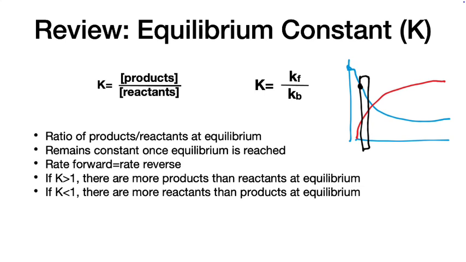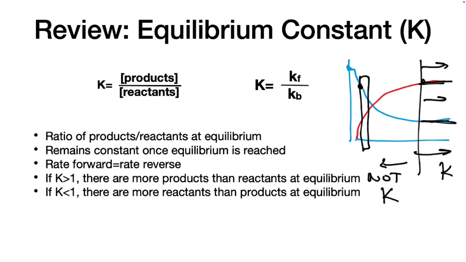It's still in the process of changing. The only time that our ratio of products to reactants is K is once we've achieved that plateau. At any point after that time, we're now looking at K. Any time before that, not K. It's going to be called Q. But it's not K.